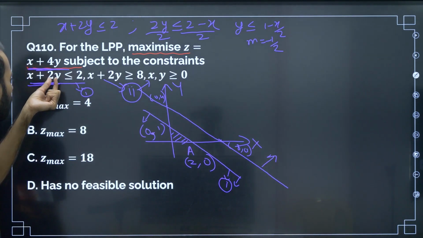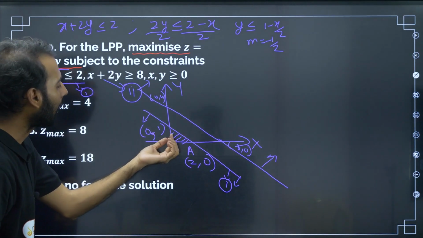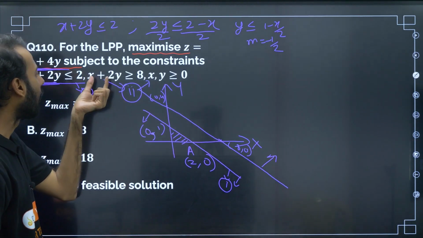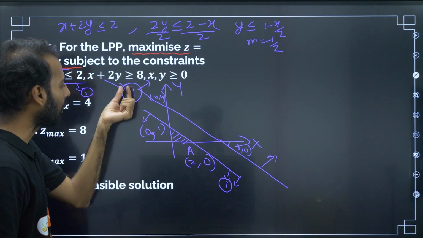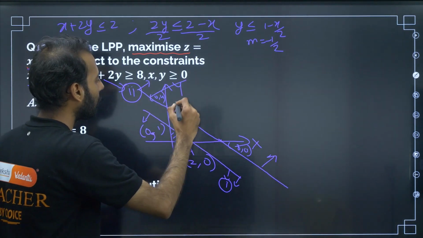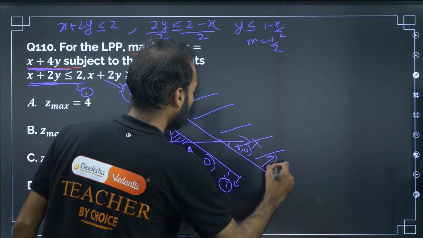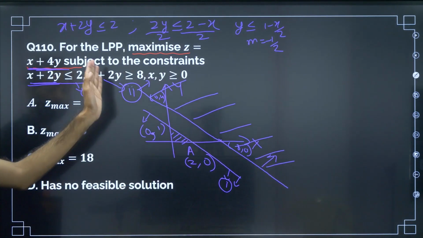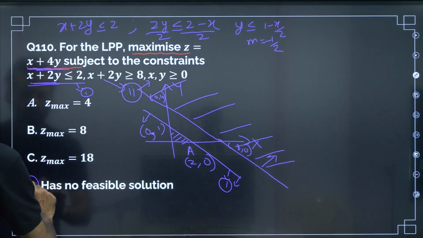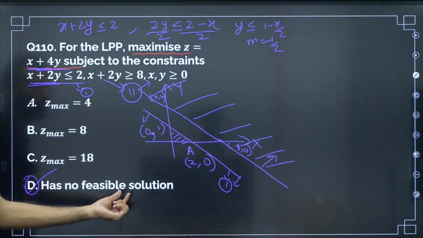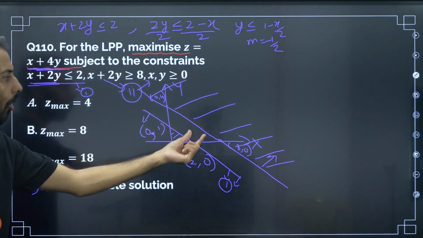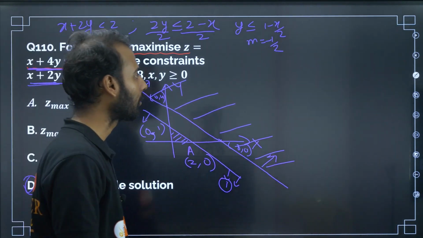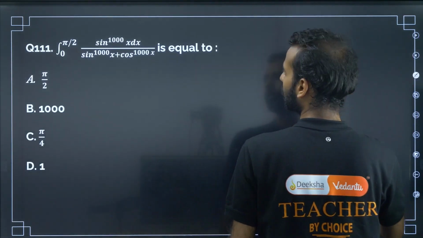If I place 0 comma 0, 0 is less than or equal to 2, that means yes, this region I have to consider. Now if I place 0 comma 0 here, 0 is greater than or equal to 8, no, that means I am considering the wrong region. So you see, this has no feasible solution, so D is the answer. Has no feasible solution, because by observing this there are no common corner points, so how is it possible? Not possible.